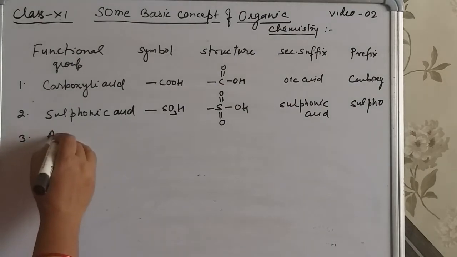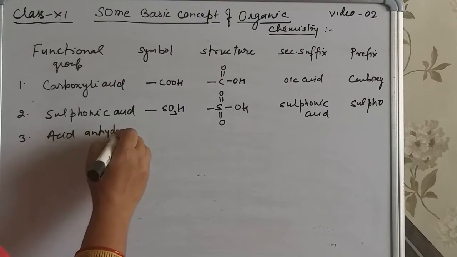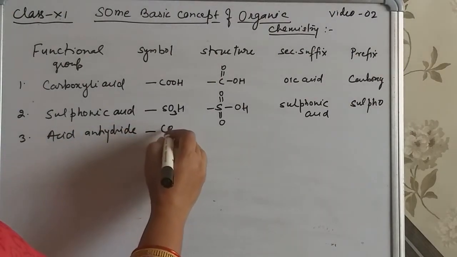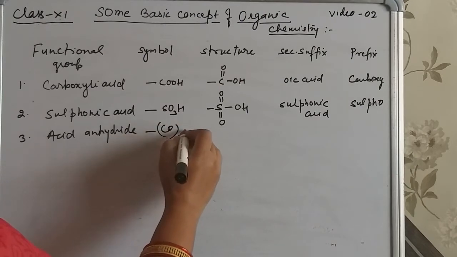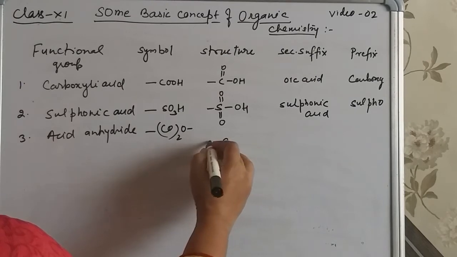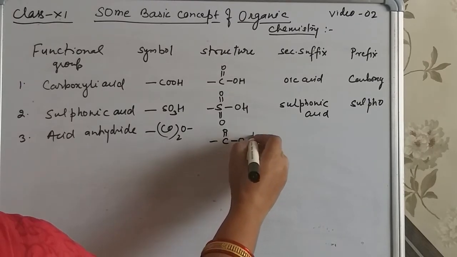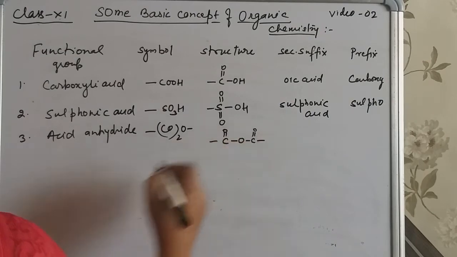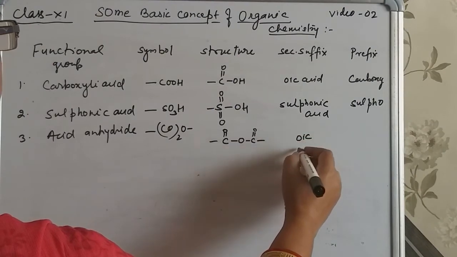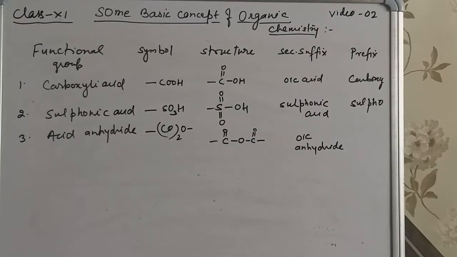Number 3, acid anhydride, (CO)2O. The structure is C double bond O, O, C double bond O. And the suffix used is oic anhydride.